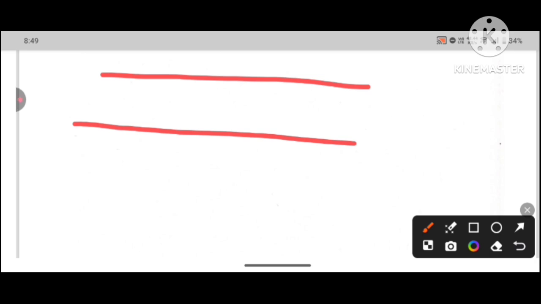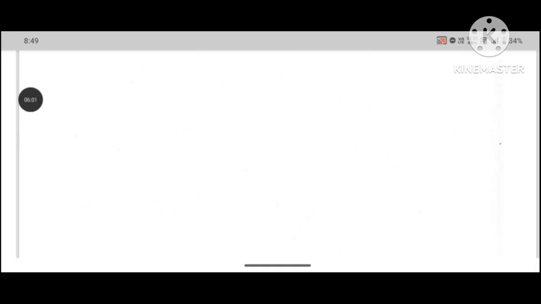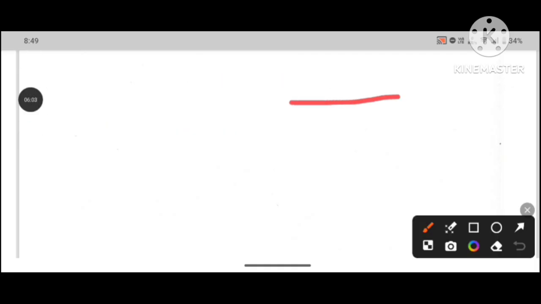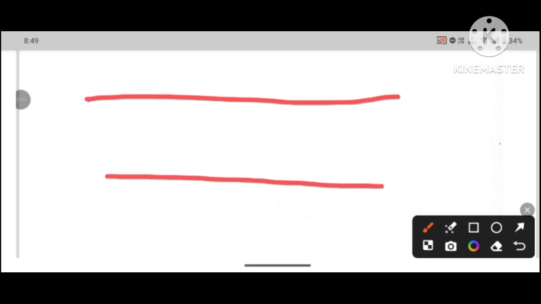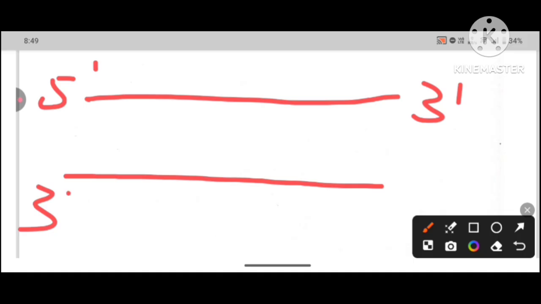Let me show you what a palindrome actually looks like. If you take a sequence like this, a double-stranded DNA sequence, with 5 prime to 3 prime and 3 prime to 5 prime.